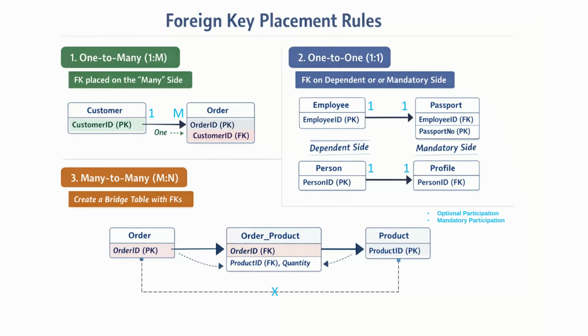There are 3 rules for where we will be putting the foreign key. We already discussed that in a one-to-many relationship, the foreign key will go to the many side, like customer ID is now on the many side. And if we have a one-to-one relationship, like an employee has one passport, a person has one profile, a simple rule is to put the foreign key on either side.